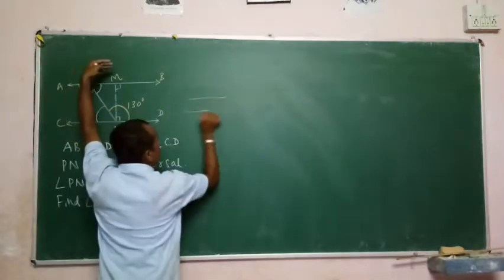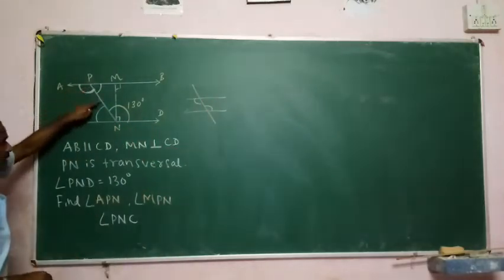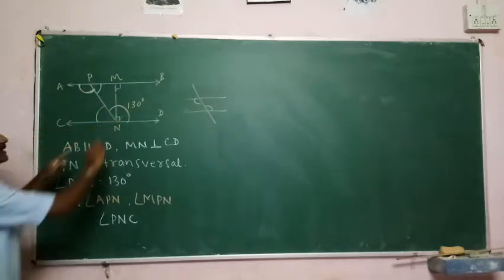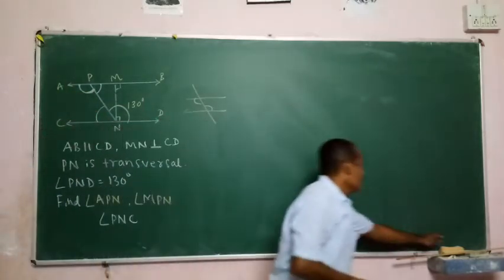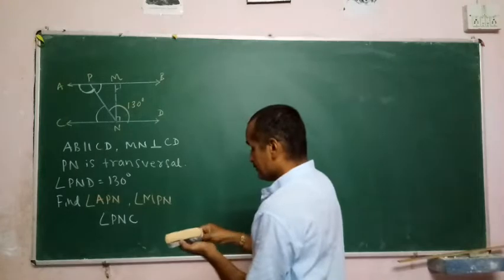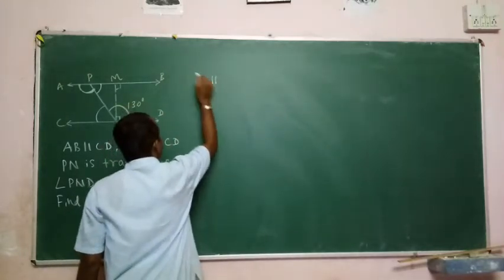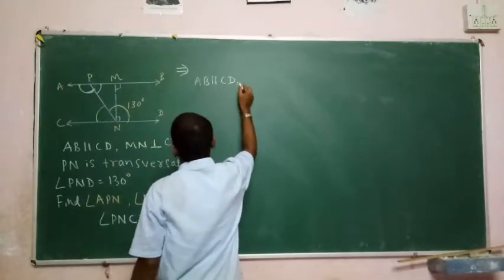So these two are called alternate interior angles. When this is 130, this is also equal to 130. I will write that. How to solve? Let me write. The solution starts from AB parallel to CD.